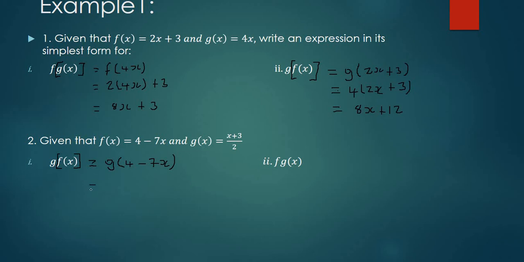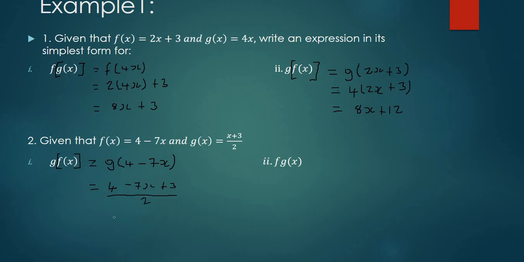So instead of writing back x here, we're going to replace this x with 4 minus 7x. So it's going to be 4 minus 7x. Put back our plus 3. All of this should be over our denominator of 2.